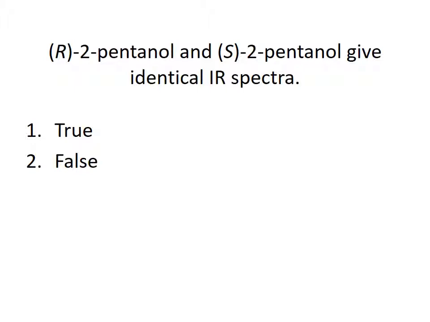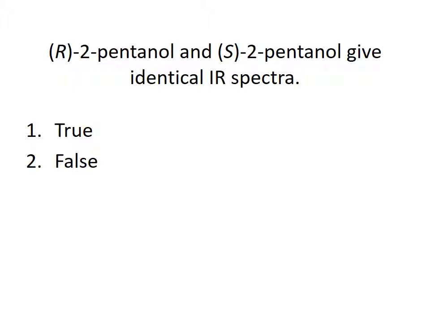If you have R-2-pentanol and S-2-pentanol, would they give the same IR spectrum, fingerprint and all? Would they be identical? Well, if you remember back when we discussed chirality, what we said is that enantiomers have identical physical characteristics except for the rotation of light.